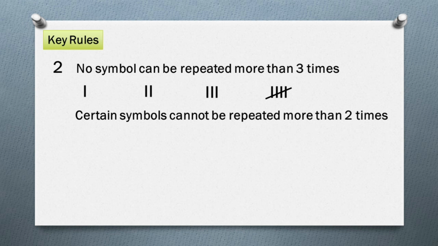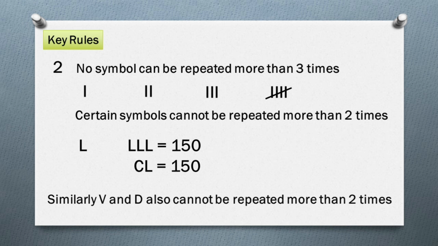One such symbol is L. Using it 3 times to make 150 does not make sense because we can write 150 with the combination of C and L. Applying the same logic, V and D cannot be repeated more than 2 times.